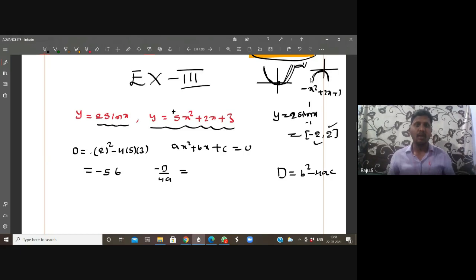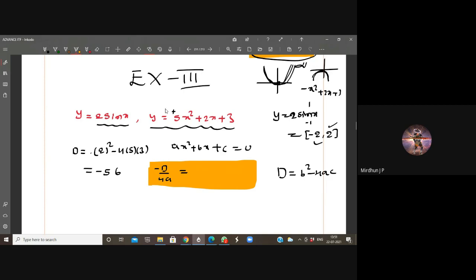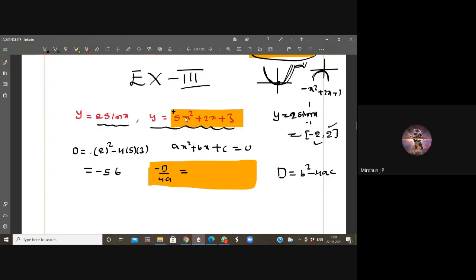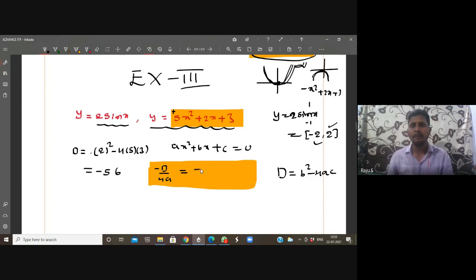In this question, minus d by 4a represents the minimum, because the x square coefficient is positive. An increasing function has the minimum value and a decreasing function has the maximum value. So minus of minus 56 by 4 into 5.